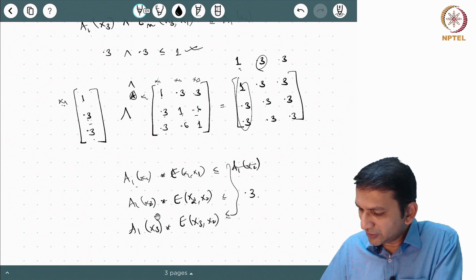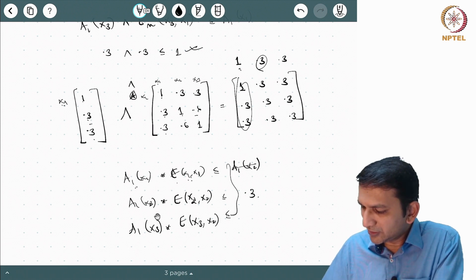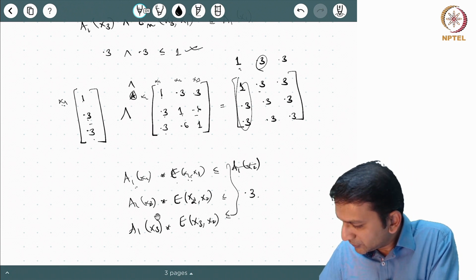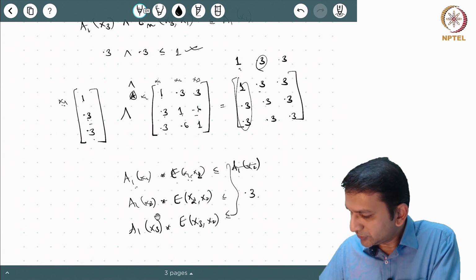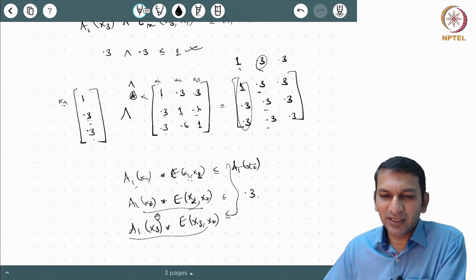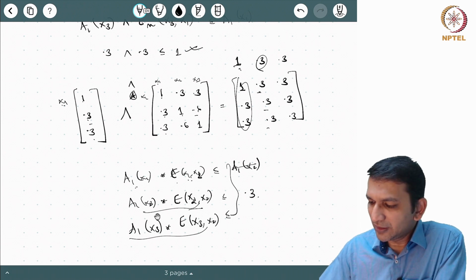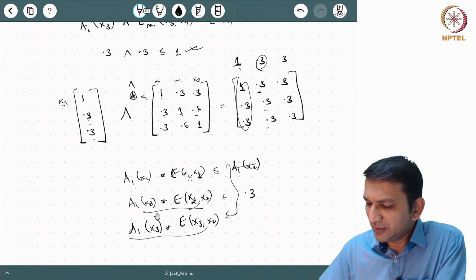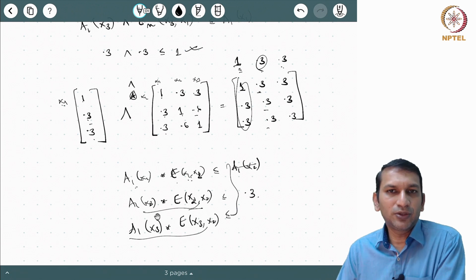Now, what is this A1 x1 star E x1 x2? This entire thing is here, and this entire thing is 0.3. So it's easy to just find the matrix and, if you write the same fuzzy set on top, it's easy to see that each of these elements dominates the column.